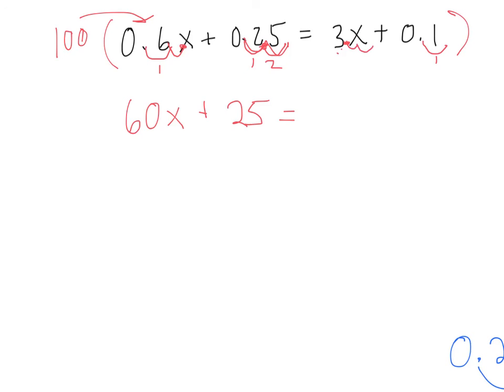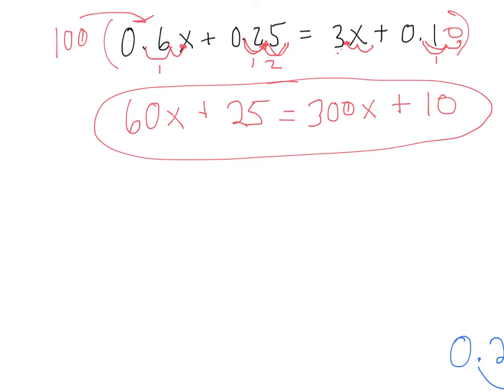I have to move it twice, and that's going to give me 300x, 3 times 100, that should be easy. And then same thing here at the end, I can't just move it once, I have to move it twice. I have to do the same thing to everything. So that's going to give me plus 10. And now here we go, I've got a nice equation again with no decimals, no rational numbers, and I've been able to clear that out. So things to remember: what you need to multiply by is based on how many moves you need those decimals to make so that we can have whole numbers.